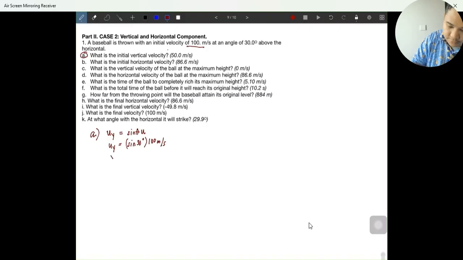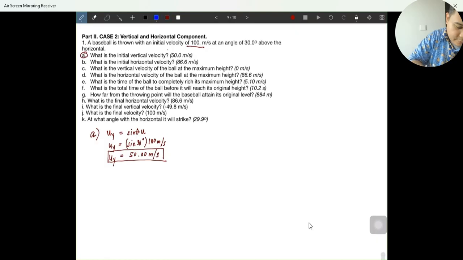Sine 30 is 0.5 multiplied by 100, or use your calculator, that would be 50 meters per second. So that is our answer for letter A.